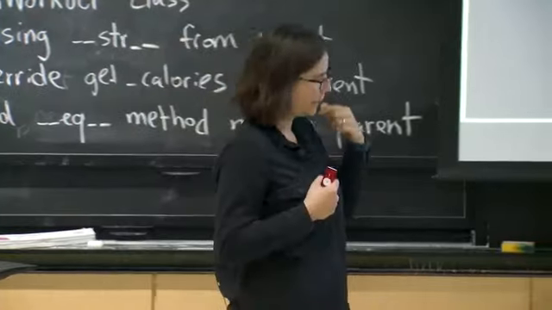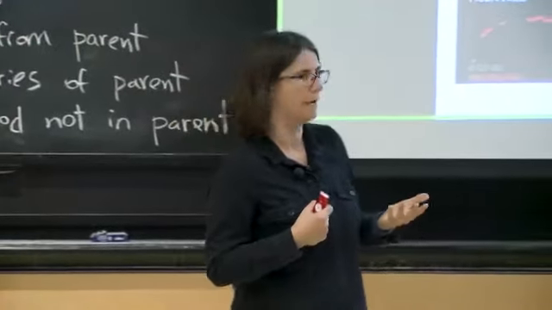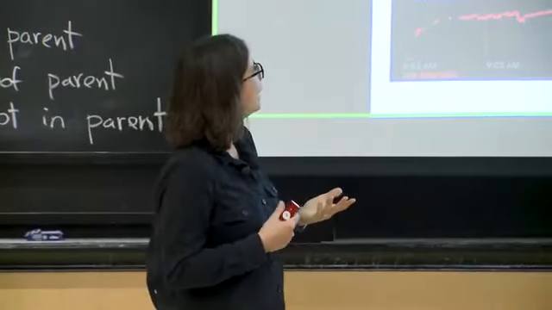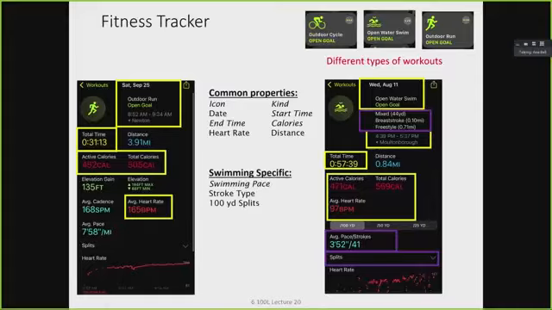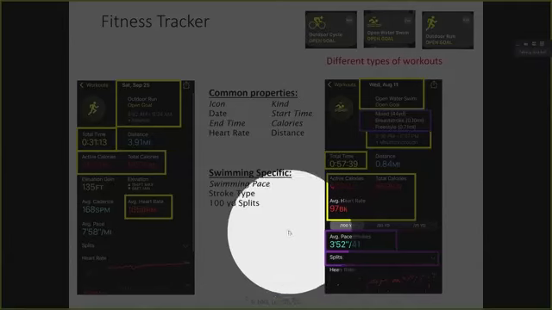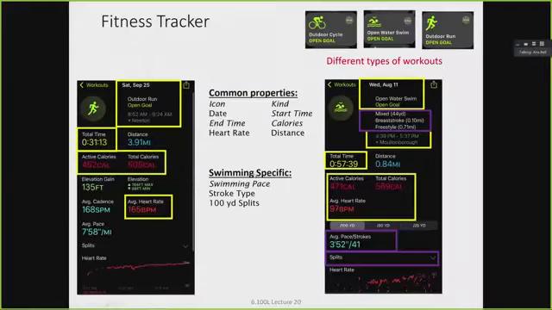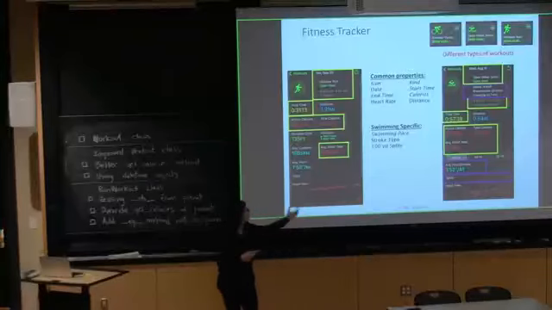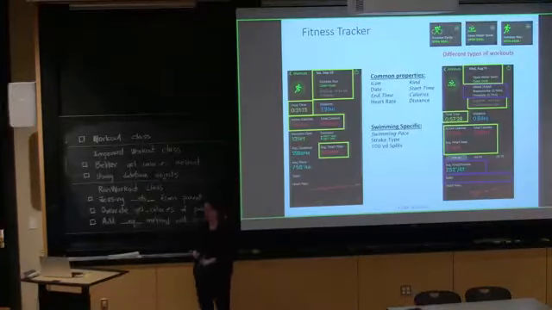But now that we have specific kinds of workouts that we might want to create, we can actually think, well, in addition to these common properties, a swimming-specific workout might have some more information that we'd like to save, right? And we'd like to allow the user to work with. So the swimming pace, maybe the stroke type, the 100-yard splits, things like that for swimming.